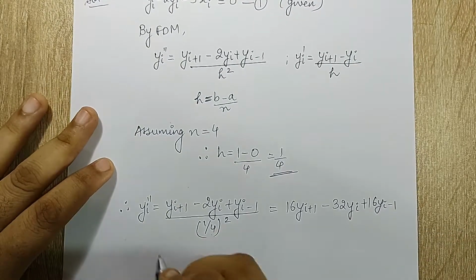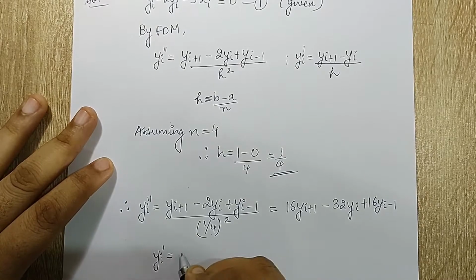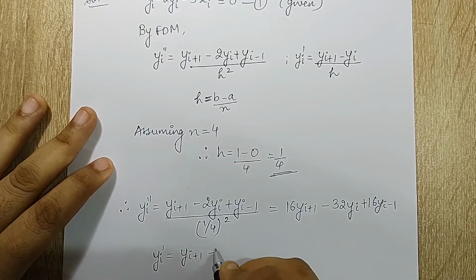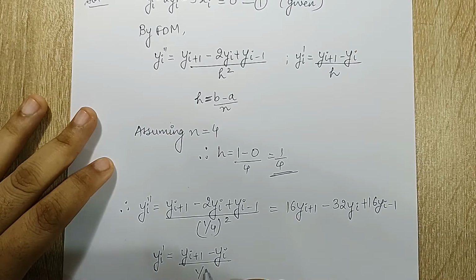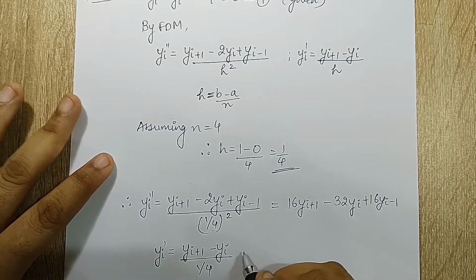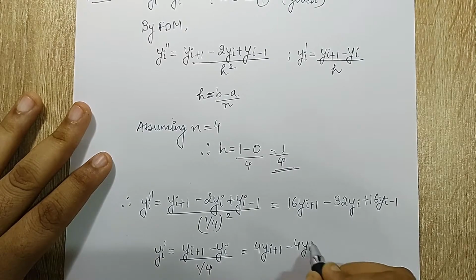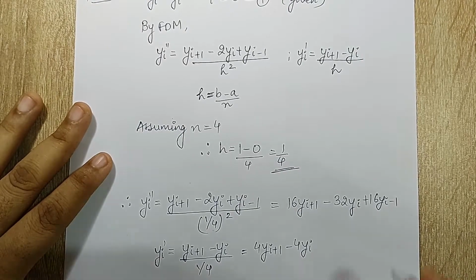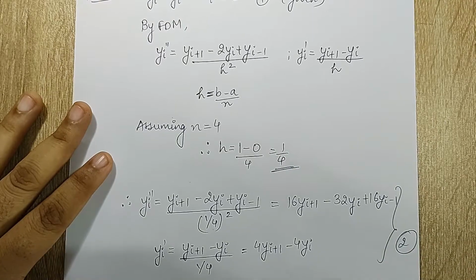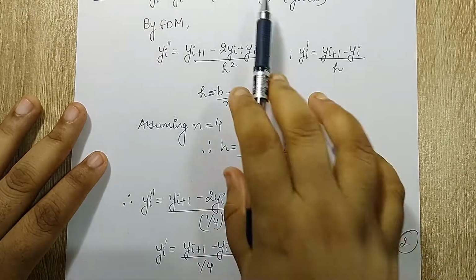Next I'll substitute in yi dash is equal to yi plus 1 minus yi upon 1 by 4. 4 goes to the numerator making it 4 yi plus 1 minus 4 yi. Now I am going to substitute these two equations, I call it as equation 2, in equation 1.